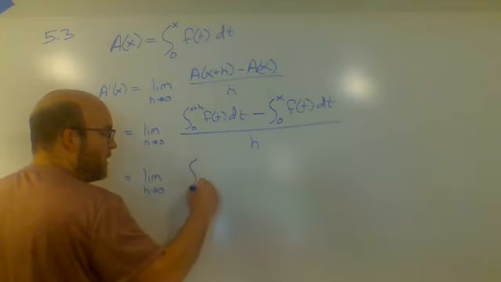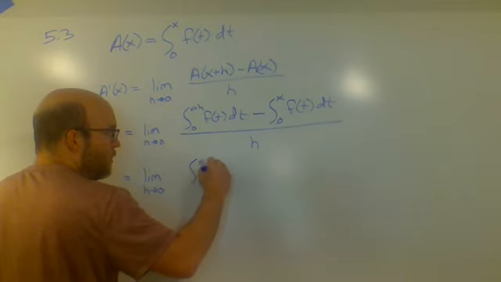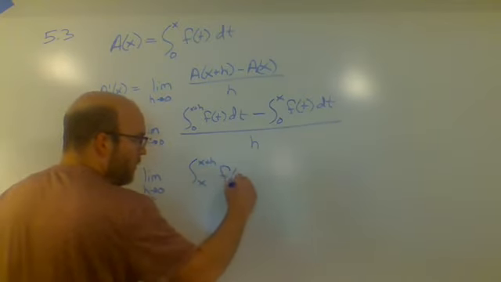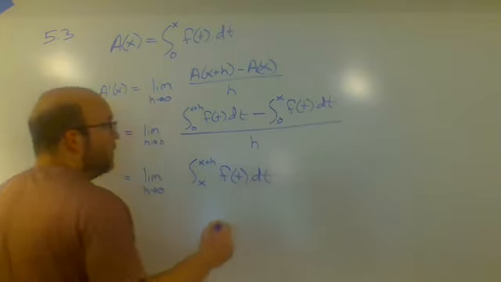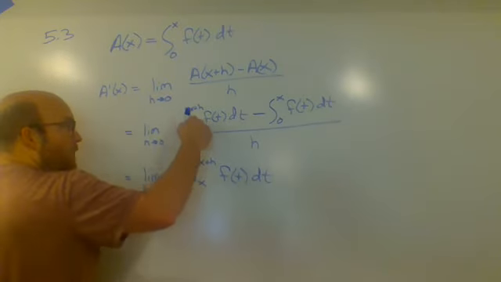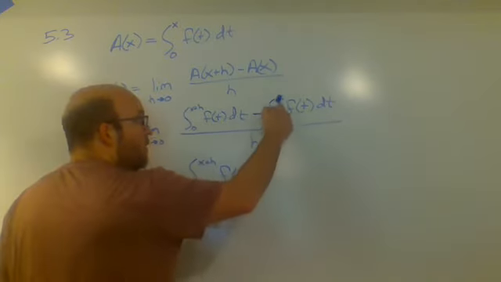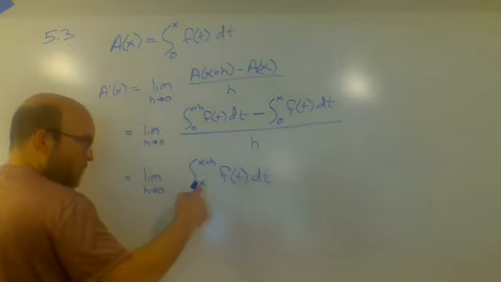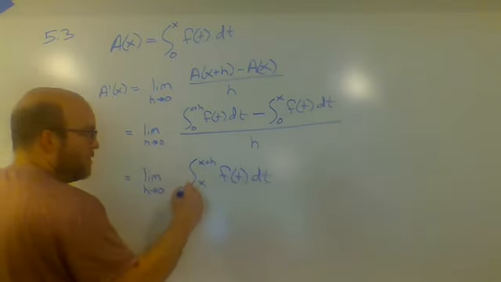That's actually a rule for definite integrals that we've talked about before, but hopefully intuitively that makes sense. So if I go all the way to x plus h and then subtract off the portion that goes to x, what I'm left with is the portion that runs from x to x plus h.